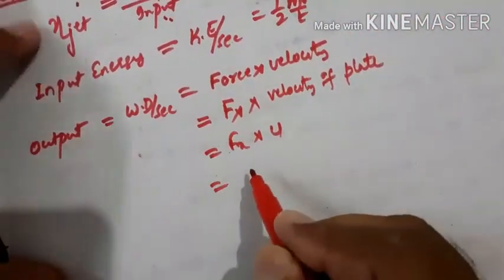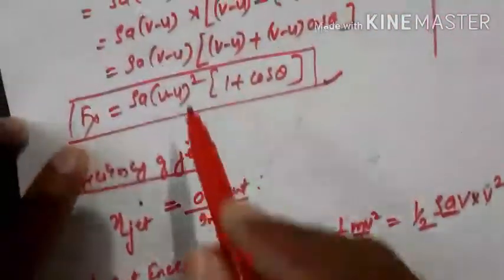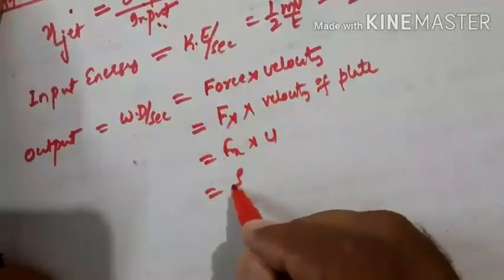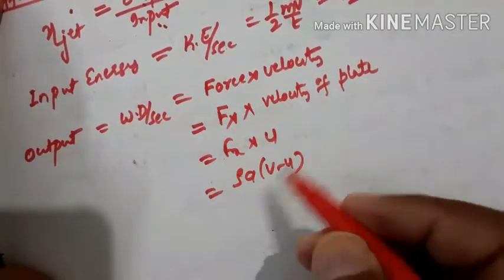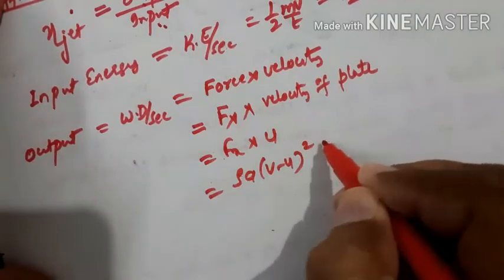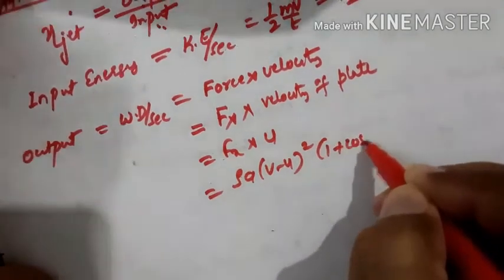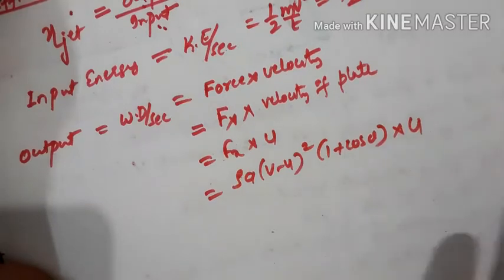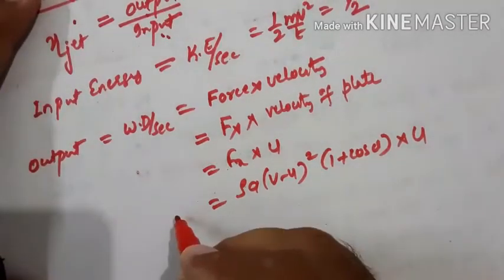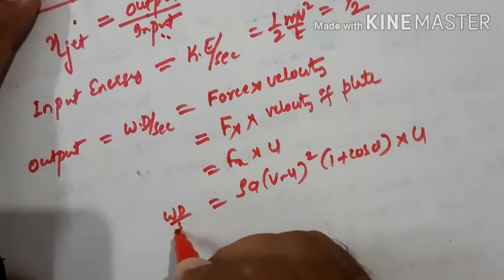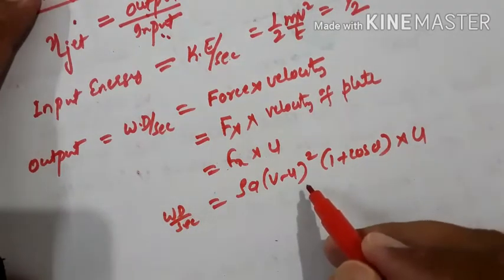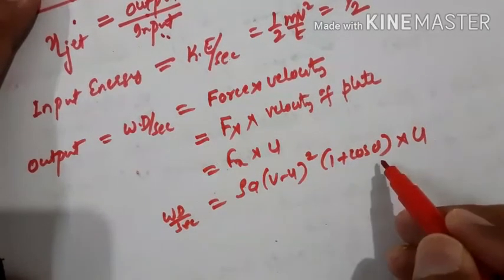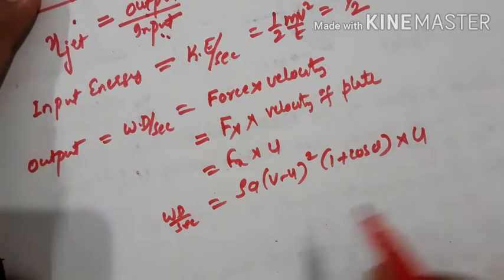I will substitute Fx, which we have already calculated: rho A (V minus u) square (1 plus cos theta) into u. Then work done per second is rho A (V minus u) whole square (1 plus cos theta) into u.